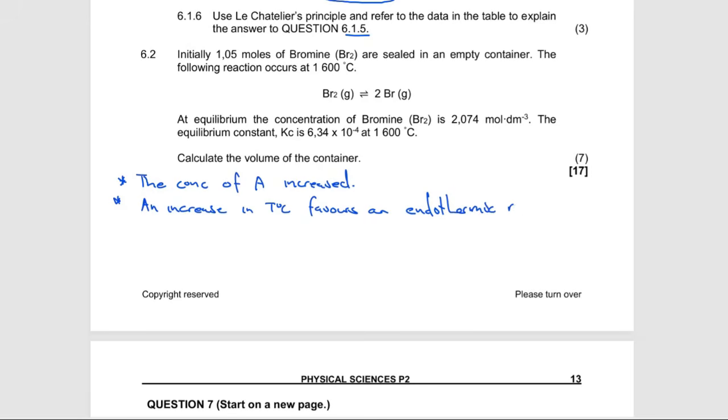An increase in temperature favors an endothermic reaction. Then the reverse reaction is going to be favored. As the closing bullet, the reverse reaction is favored.